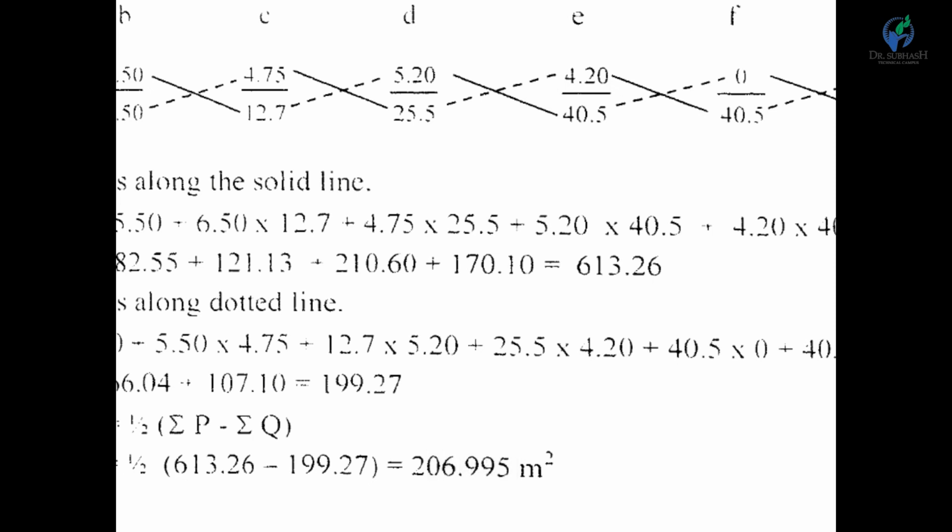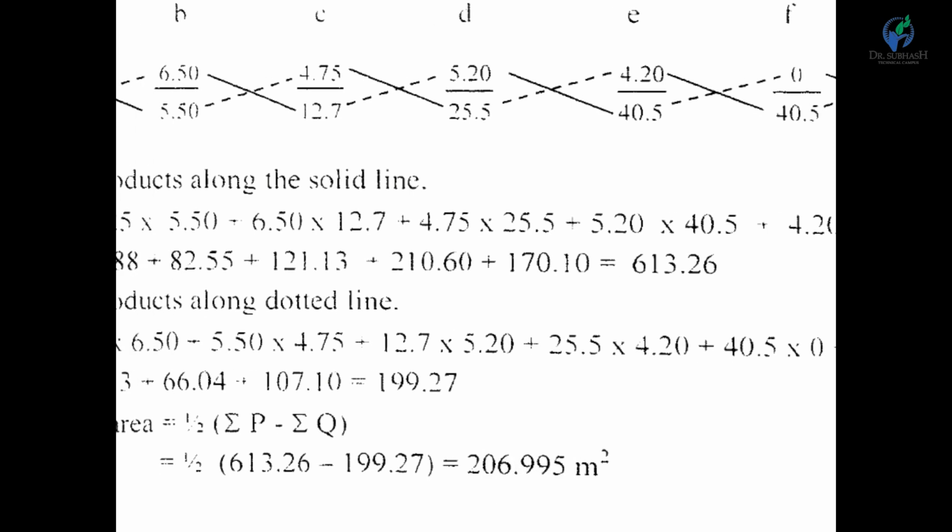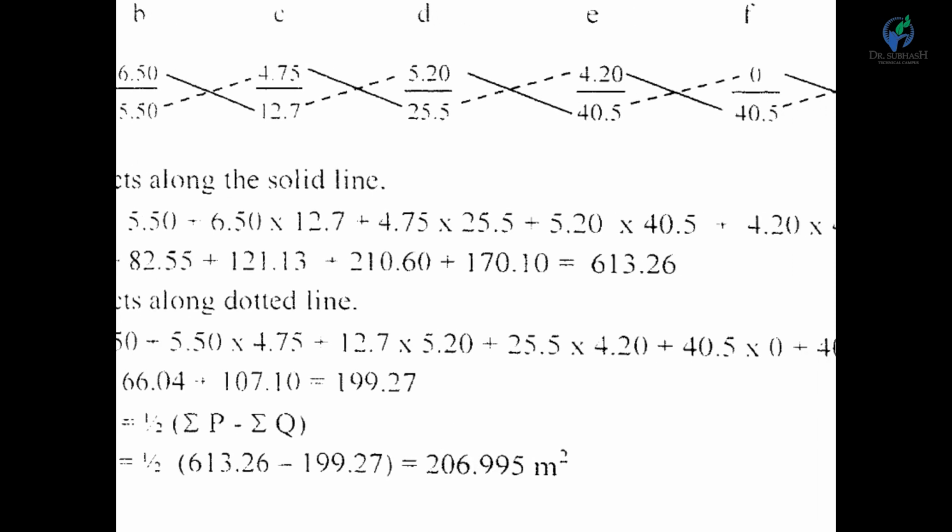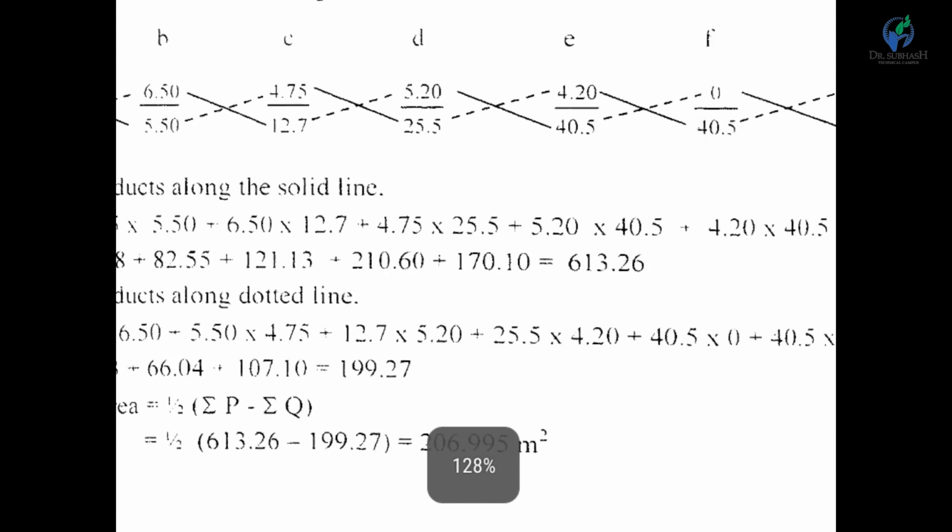For finding sigma p, we multiply the ordinates along the dark line, plus the products along another dark line, and so on, and we get the value of sigma p.